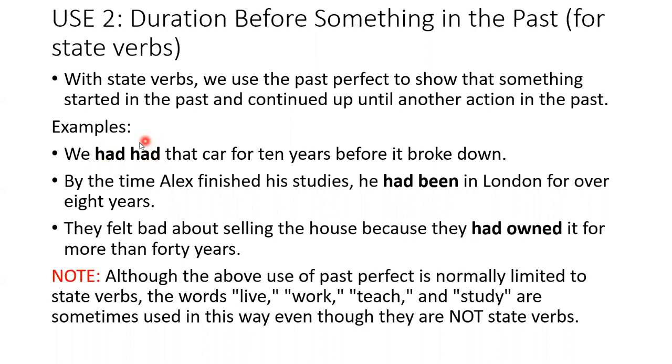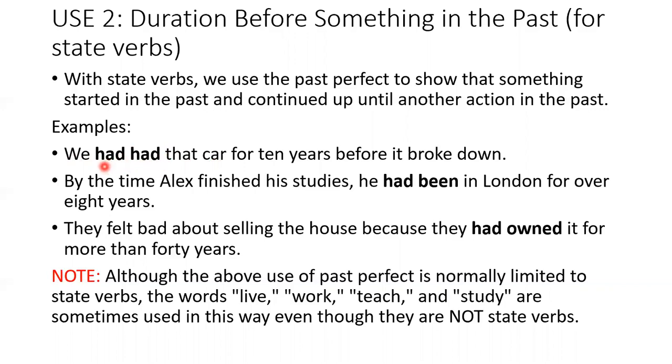And you know that have in this sense is a stative verb. It cannot come in the ing. So we can't say we had been having that car. We cannot use the past perfect continuous. Instead, we use the past perfect because it's a stative verb.